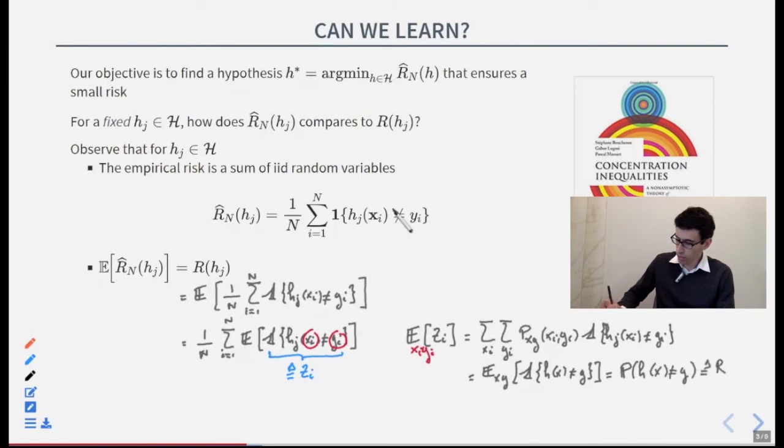And because we're using a binary loss function, that's the definition of the risk. Okay, so that observation is true. The expected value of the empirical risk is the true risk. And perhaps the one step that I went over a little bit quickly is that I'm proving that the expectation of the term zi is a constant equal to r of h. So if you average it, it is indeed equal.